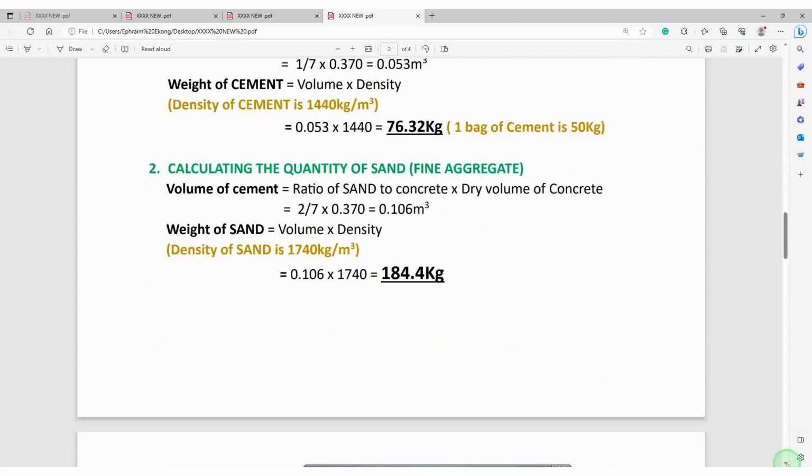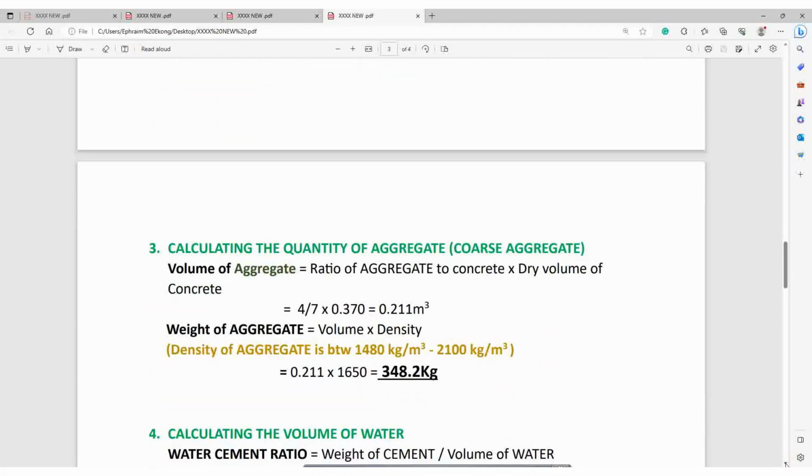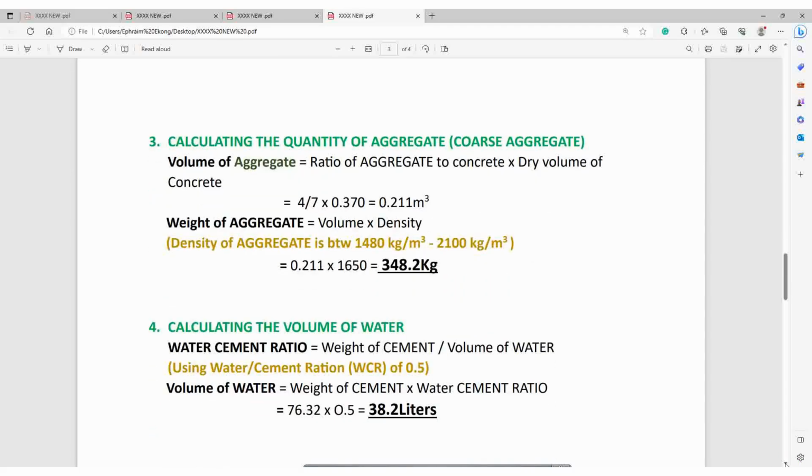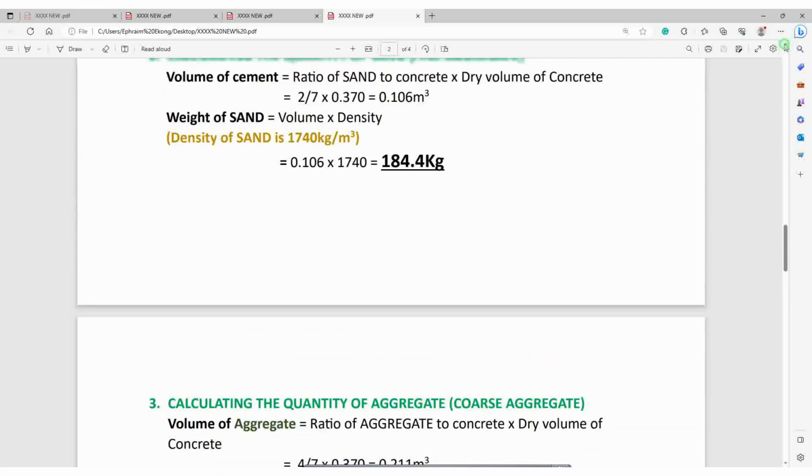So let's calculate for that of the coarse aggregate known as the gravel. Volume of aggregate equals ratio of aggregate to concrete multiplied by dry volume of concrete. So to do that, we have 4 over 7. You know where this 4 came from?